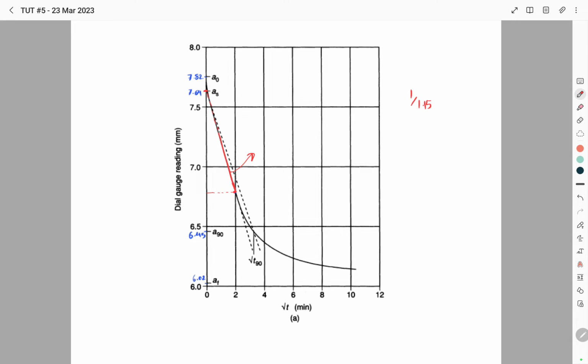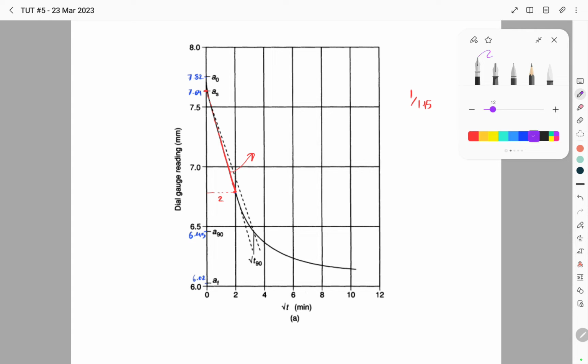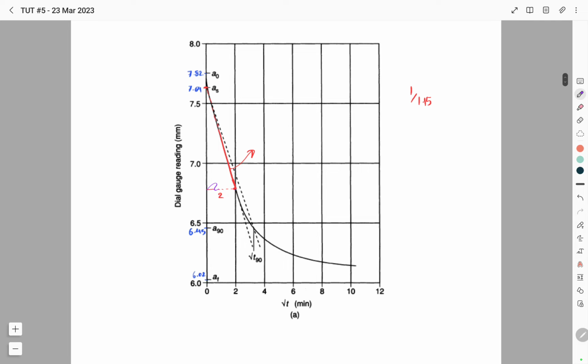As you can see, it has a horizontal length of 2. So if we want to draw another straight line, the horizontal part of the second line, which is starting from this point, should be 2 times 115, which is equal to 230.